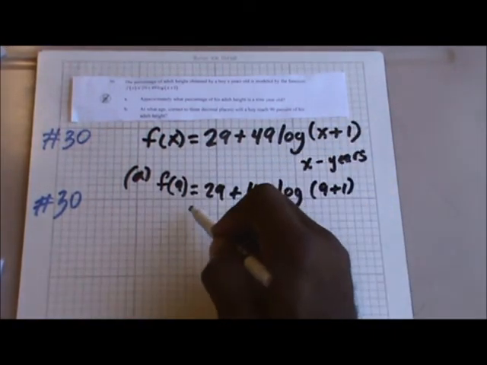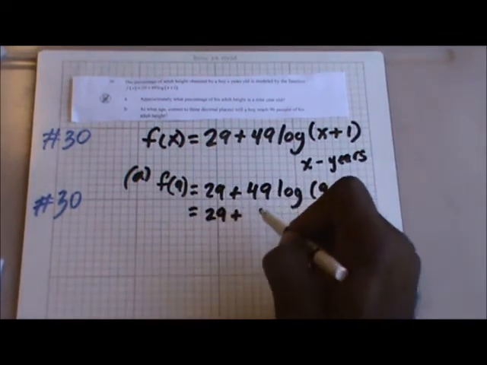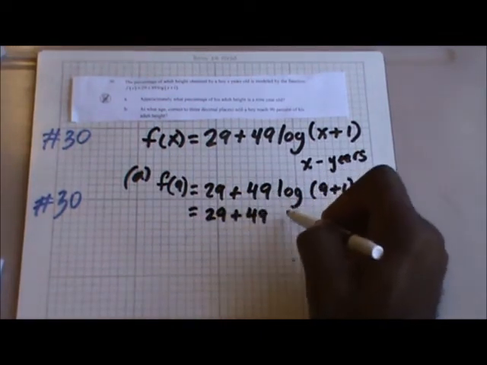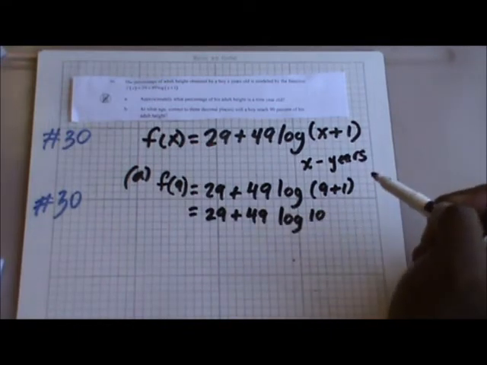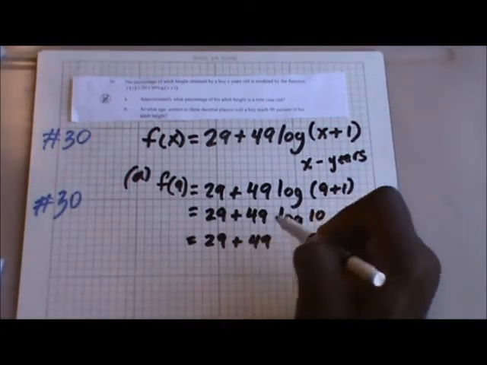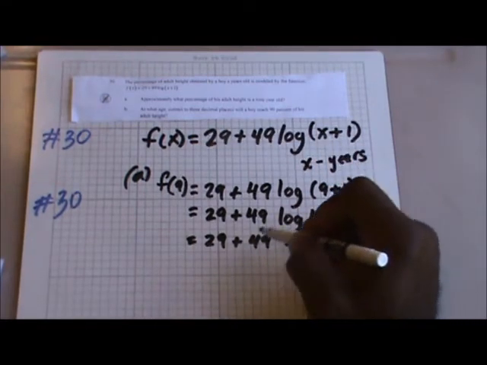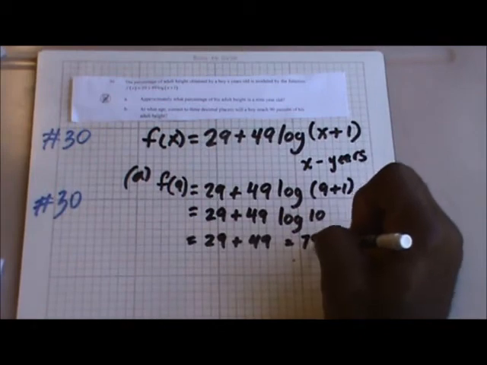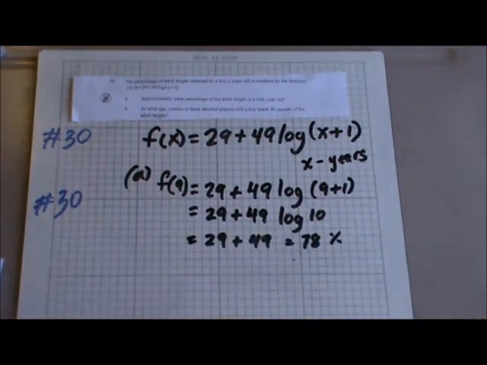This is a no calculator problem, so let's see if we can get it. 29 plus 49 log 10. Remember, this is always base 10. So what is this equal to? 1. That's 29 plus 49, since log 10 is equal to 1. And so that is 78%. 78% for number 30.